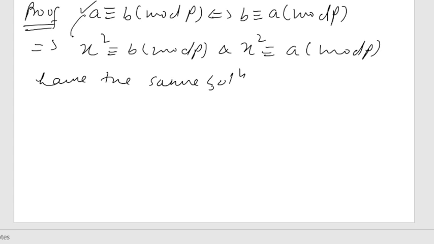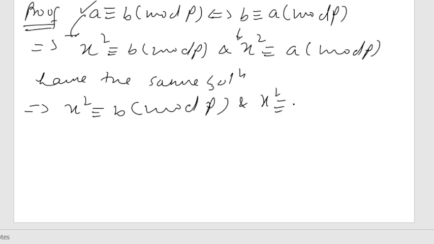So this will be the solution for this, and this will be the solution for that. That means they have the same solution. This implies x square is congruent to B mod P, and x square is congruent to A mod P.